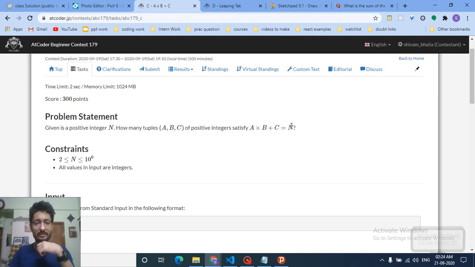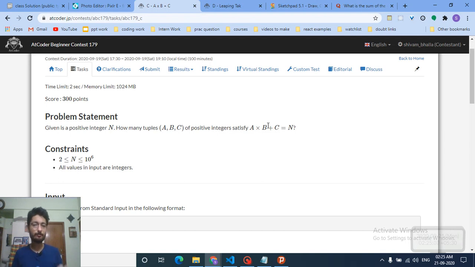Because n is up to 10 to the power 6, if A or B is equal to, let's assume, 2 or a very small number, then the other value can be at most 10 to the power 6. And A and B both cannot be 10 to the power 6, because if A is 10 to the power 6 and B is 10 to the power 6, the multiplication becomes 10 to the power 12 and exceeds n.